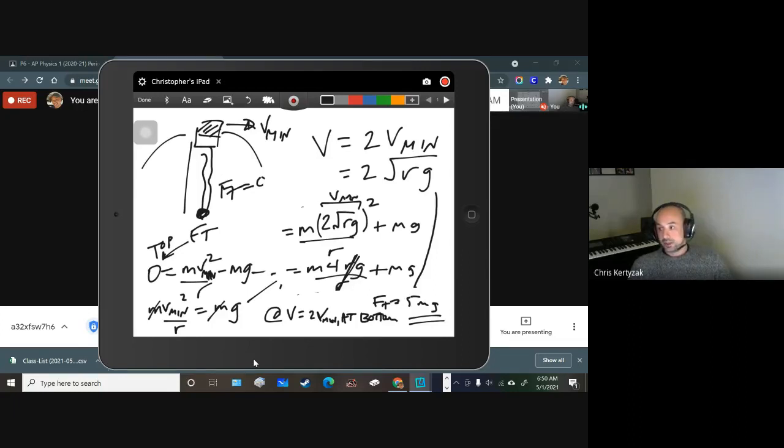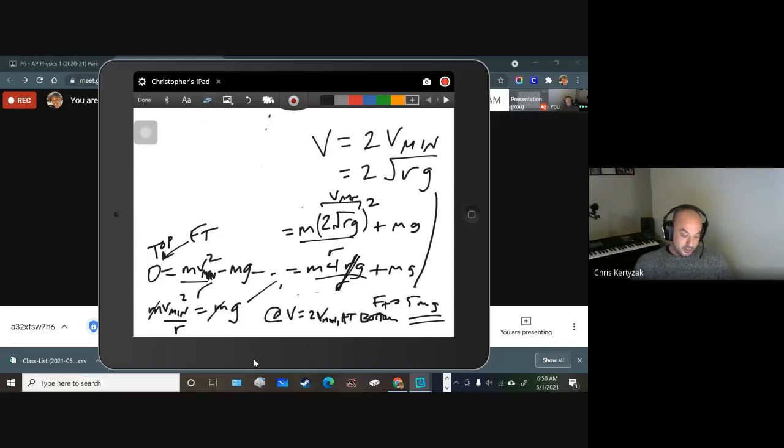We use the square root of RG, and I don't recommend trying to memorize all of it. I mean, you could if you wanted. I guess just remember that in case you don't want to derive it, at V min, FT is 0 at the top, FT is 2 mg at the bottom.